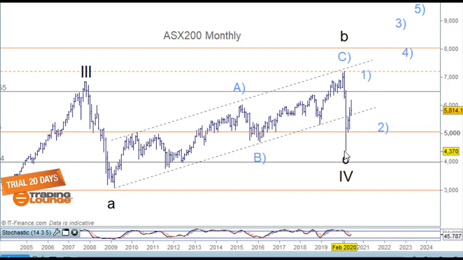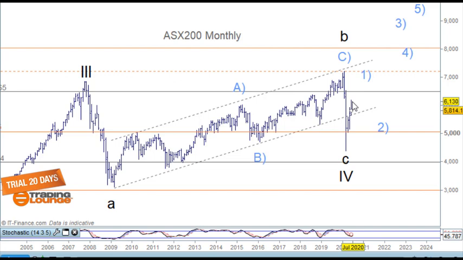So we don't have enough evidence yet to say that we have an impulse wave up here, because right at the top here, or close to it, is the 61.8% mark from the top to the bottom here. So that means that the move down through here, being 5 waves, could have this move here as 3 waves.